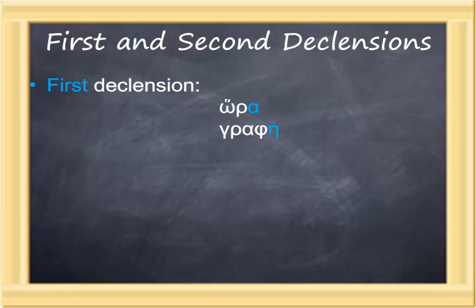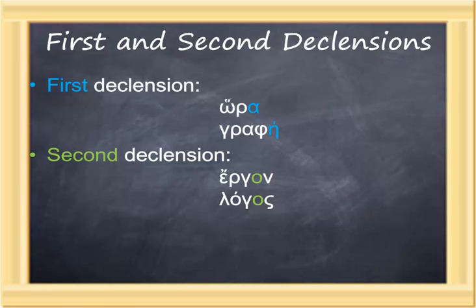Both are first declension nouns. The second declension shows stems that end in an omicron, as ergon or logos.